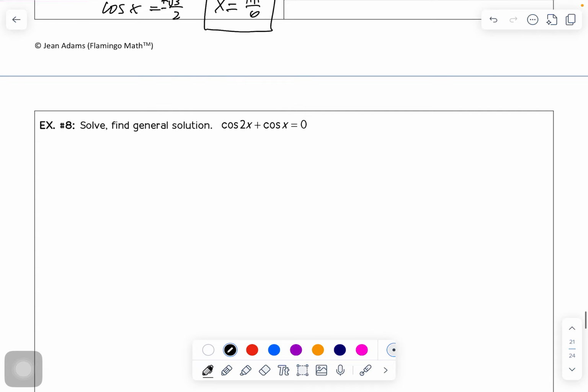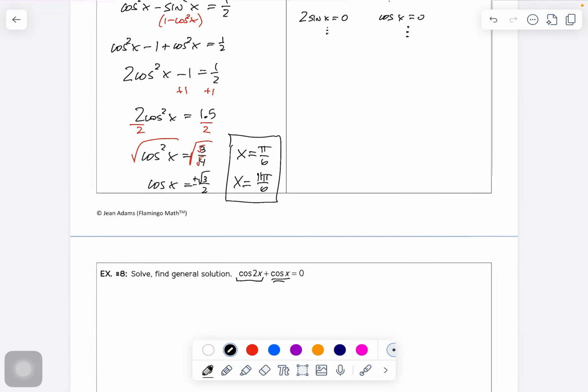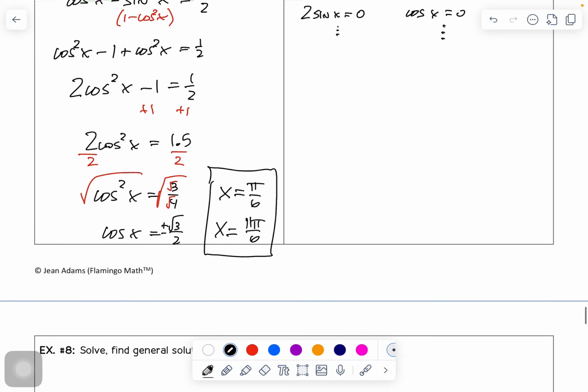Same thing here. You could substitute for this, and then you have this extra cosine in the mix with it, equals 0. We'd end up using a Pythagorean identity in there, and we would actually end up needing to factor this, because a lot of it's going to look like this example here all the way up until this step.